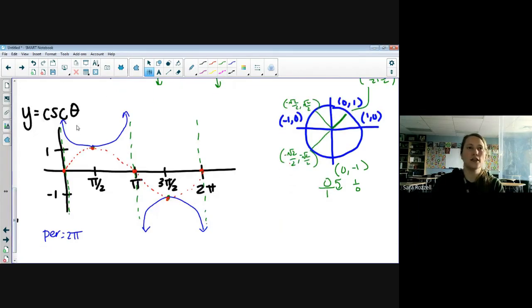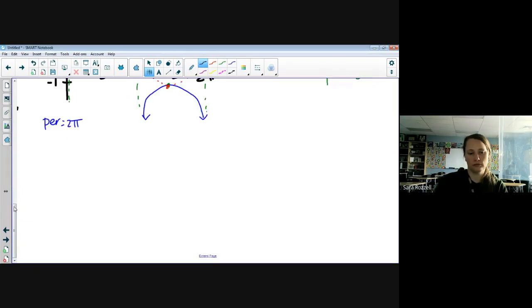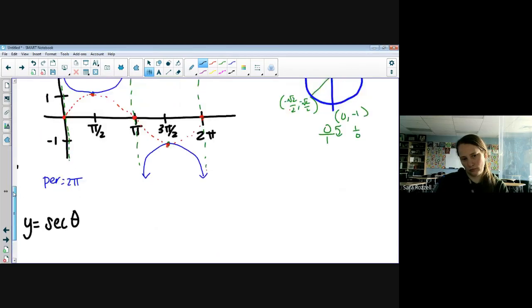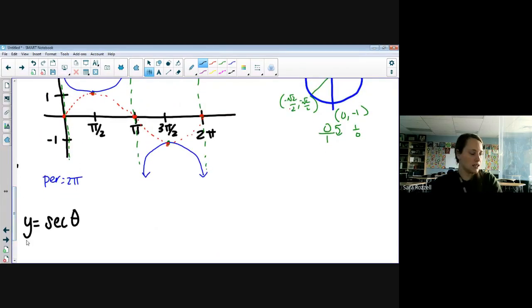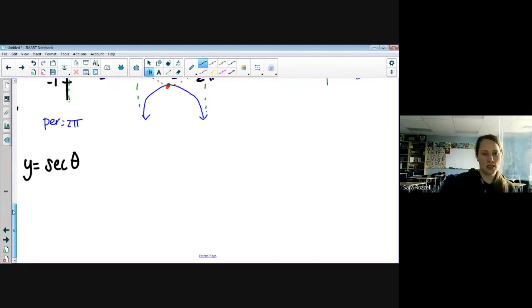So let's do the secant graph, but we'll do it in this method rather than getting our points. So secant is cosine flipped over. So I'm just going to sketch a cosine graph, put zeros on my asymptotes, and then flip it.